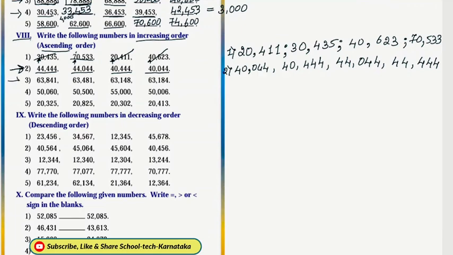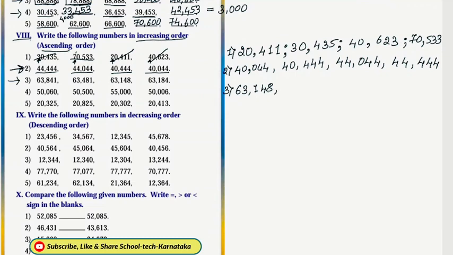Now let's write the ascending order for these given numbers: 63,841, 63,481, 63,148 and 63,184. This comes to 63,148 first.